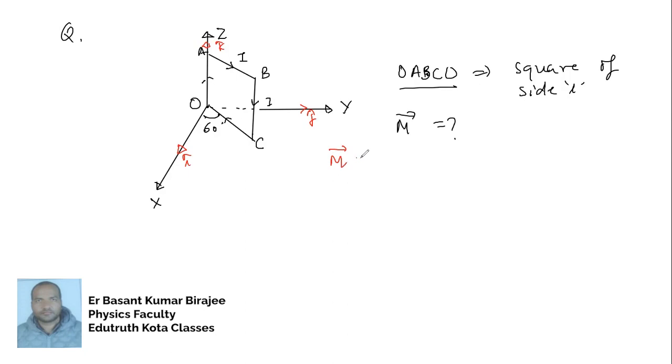Magnetic moment here, we can take any two sides for the calculation of the area. So current is I, and area vector we can take as BC cross CO, or we can take AB cross BC. The only thing is we have to take it in the same order in which we have direction of current. So let's take BC vector cross CO vector.